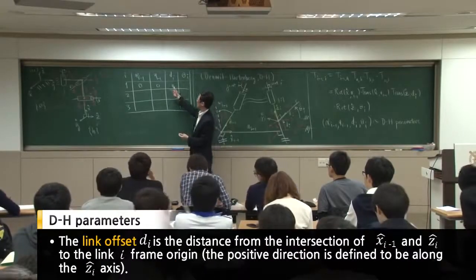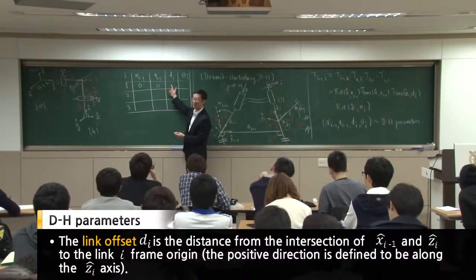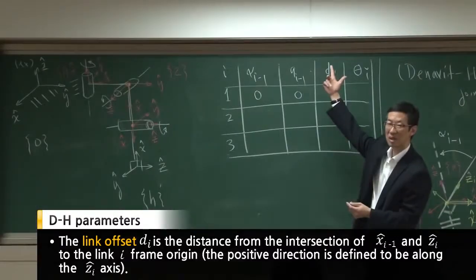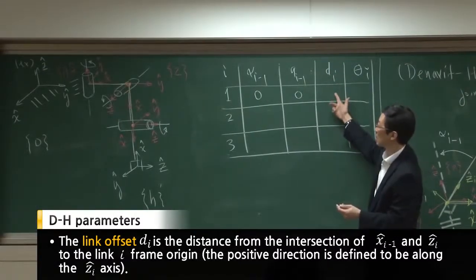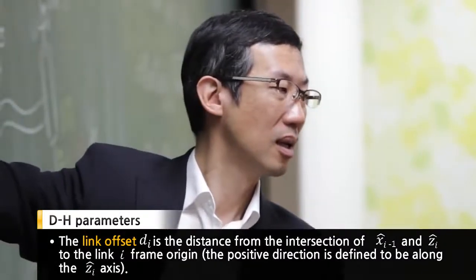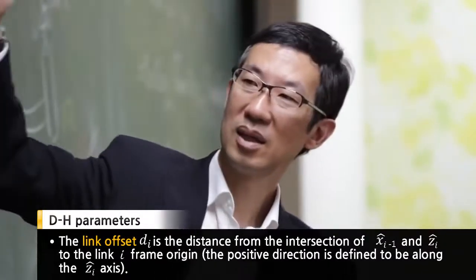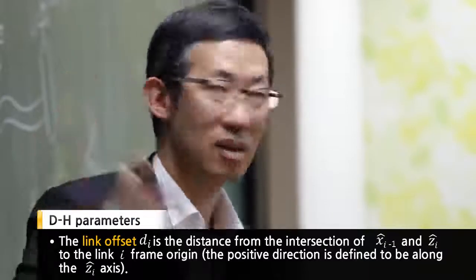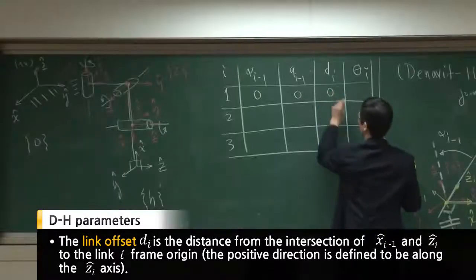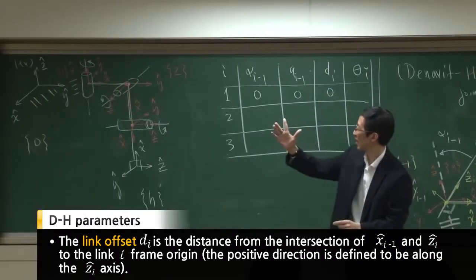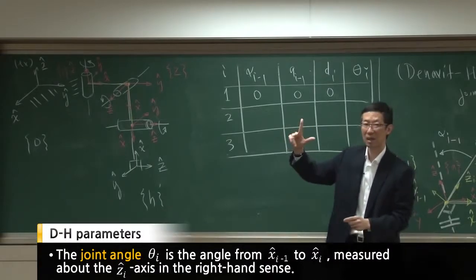And then the next step, we move in the z direction. By how much? Z direction. 0. And finally, we rotate around the z-axis by how much?